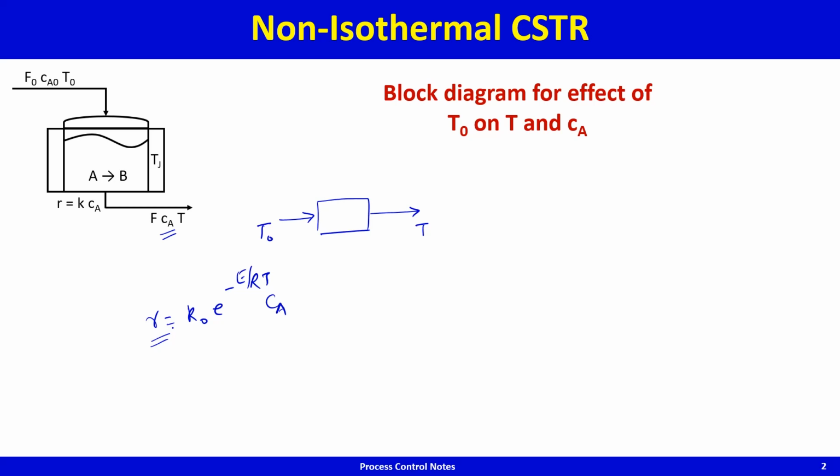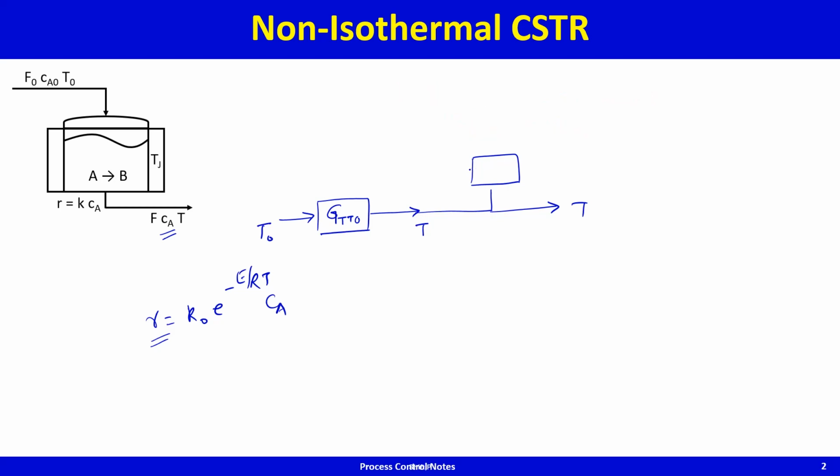So if T changes, let's call this the transfer function, direct effect on T of T naught. But then as T changes, it will cause a change in Ca. Let's call this Ca.